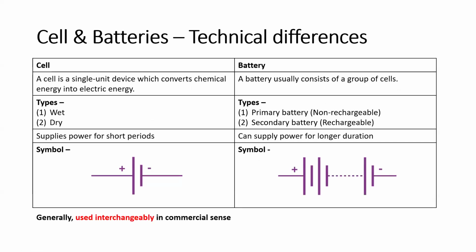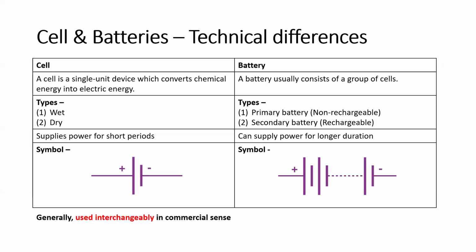So, first, we'll see the meaning of some regularly used terms: cell, batteries, and accumulators. This is a technical definition, just for understanding what it means in the industry. A cell is just a single unit. A battery is a combination of cells, and the primary distinction used in industry is primary battery and secondary battery.